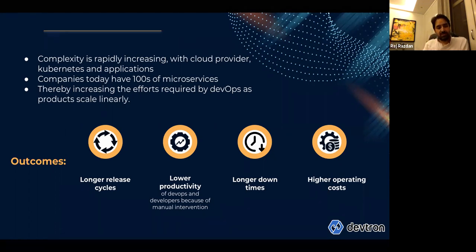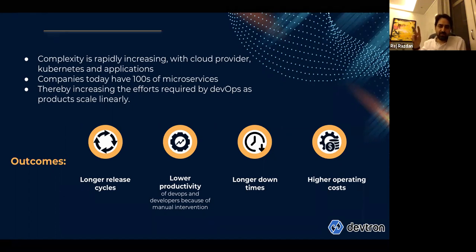So from a user standpoint, which is the developers or the DevOps folks, what does that mean? Longer release cycles, very low productivity because there are complexities in tooling, because there is still a whole lot of manual glue coding and intervention, essentially longer downtime because you're still doing a patchwork. And obviously, when you do not have control over these building blocks, what you essentially accept is very high operating costs.